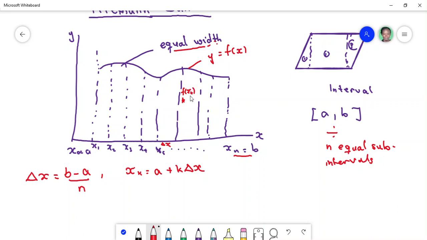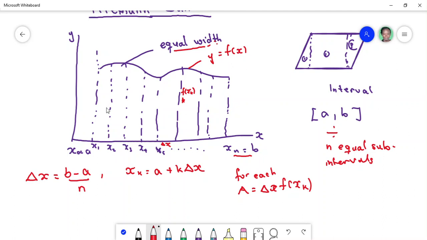So it follows that for each rectangle, my area is going to be what? My base times the height. And what is the base? My base is change in x. And my height is f of sk. This is the area. But we are looking for the sum of all the areas.